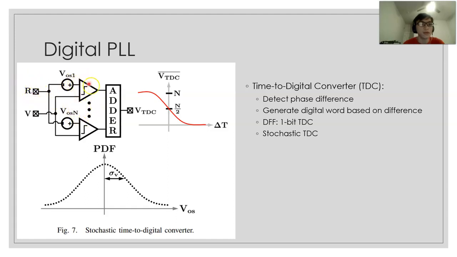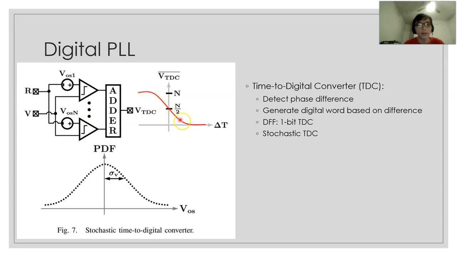If the reference signal is faster, the output will be 1, otherwise it will be 0. All of them are wired to this adder, and let's say we have n parallel lines. If the difference is 0, then the adder value will be half of n.